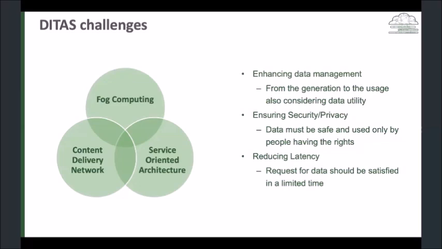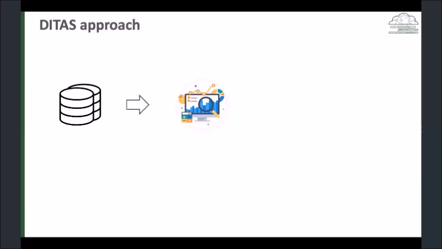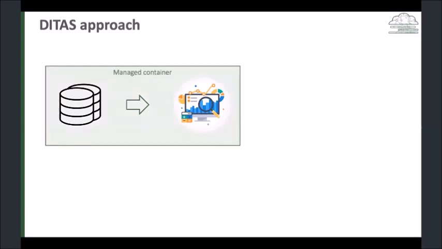In order to achieve these three main objectives, we have here represented the idea of having the data that we are generating and the application. We enclose these two elements inside one box that is a managed container. Managed means that these applications are monitored and can be self-adaptive.